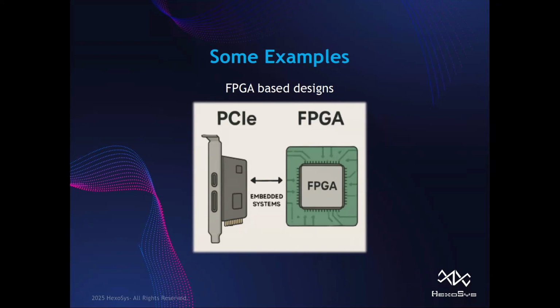Because PCIe is very famous in this kind of system, most FPGA vendors provide good support for PCIe communication. Using the PCIe protocol or interface in your design, you can have a clearer and more reliable design in your system, and you can have better response time and also performance.